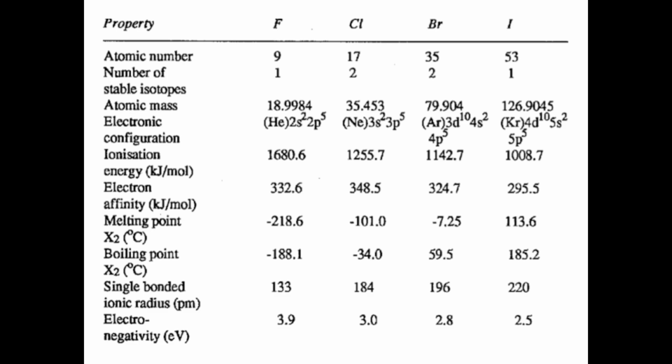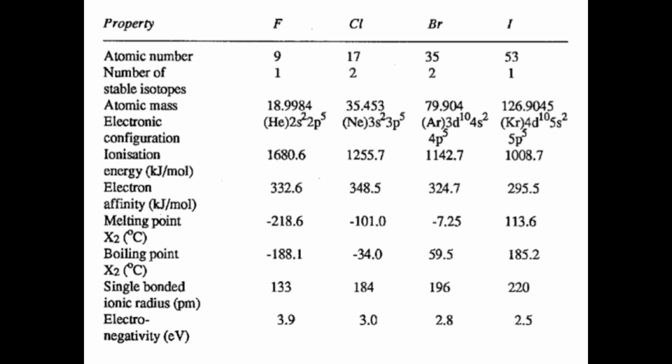Fluorine has 1, chlorine has 2 isotopes, that's chlorine-35 and chlorine-37. Bromine also has two, iodine has one. The other isotope of iodine is usually radioactive and is used in curing goiter or cancer.